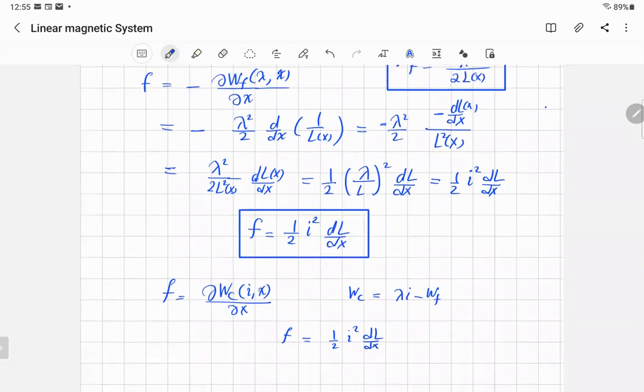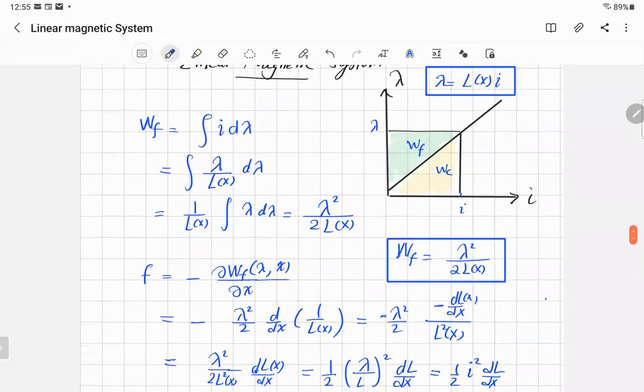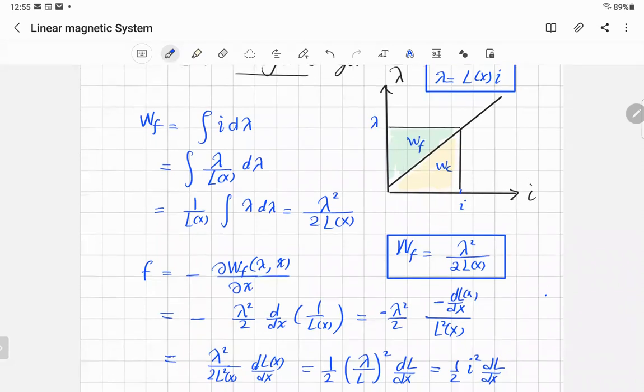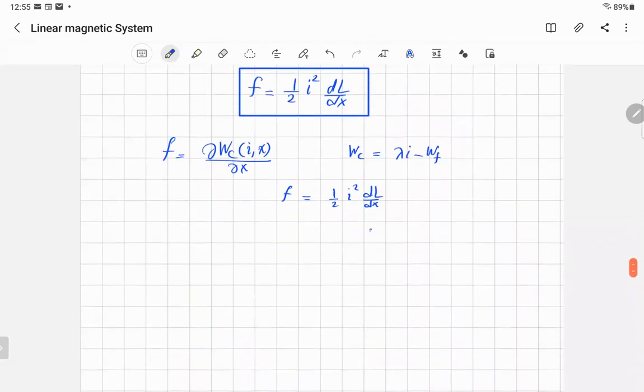You know why? I'll tell you why. Look at that. Let me sketch here I and lambda, and it's a straight line. Let's say we are trying to get it at I equal 4 and lambda equal 10, just an easy number.